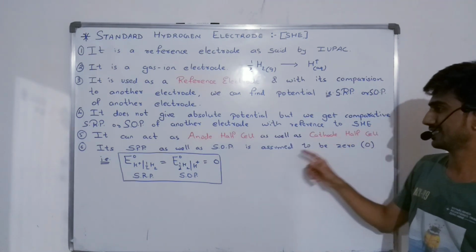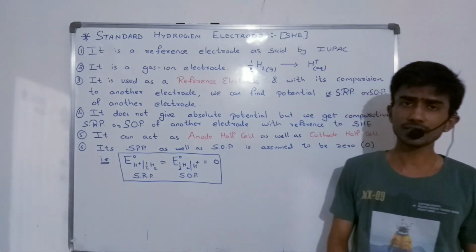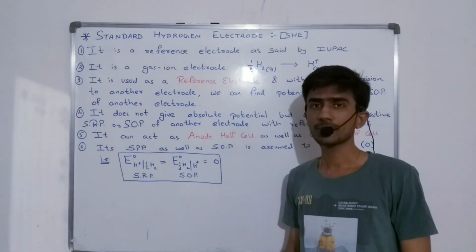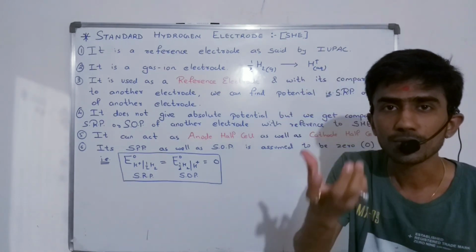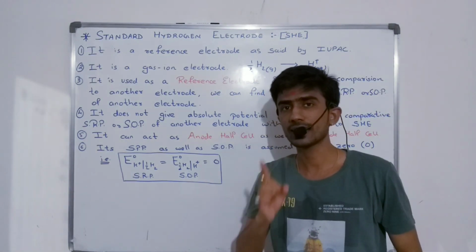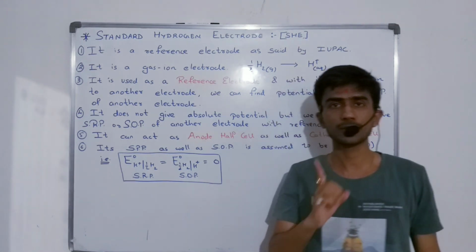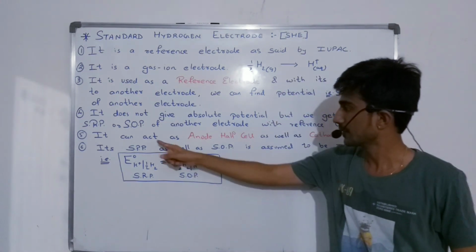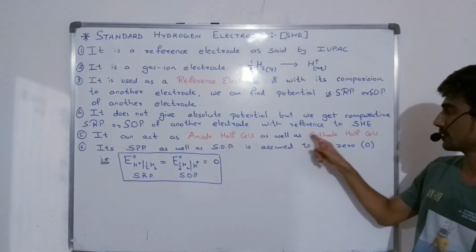SHE. Another important point of this electrode is that it can act as an anodic half cell as well as a cathodic half cell.